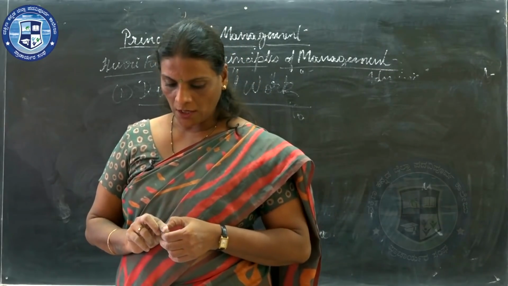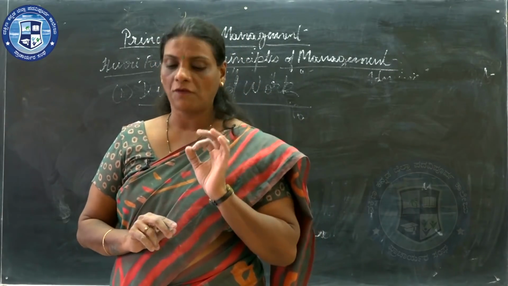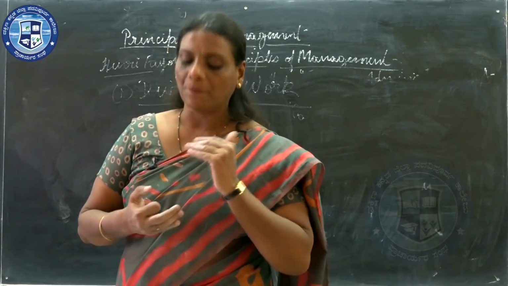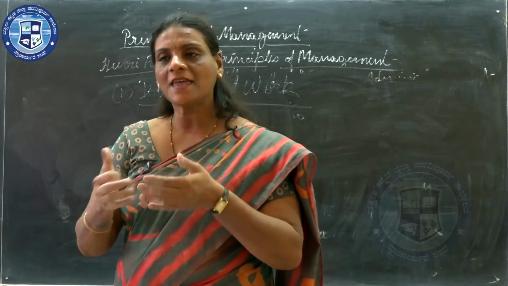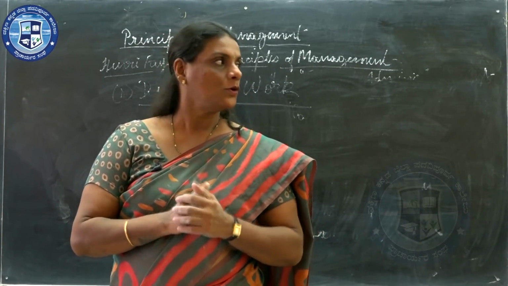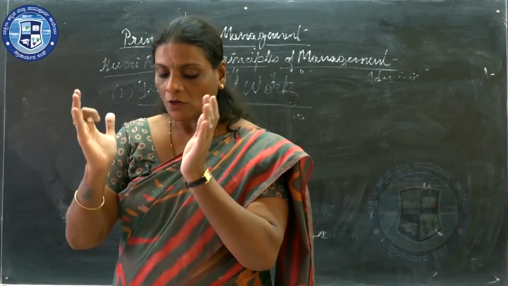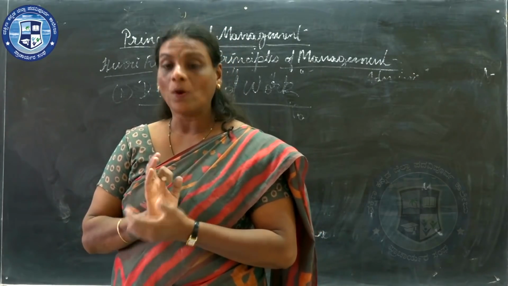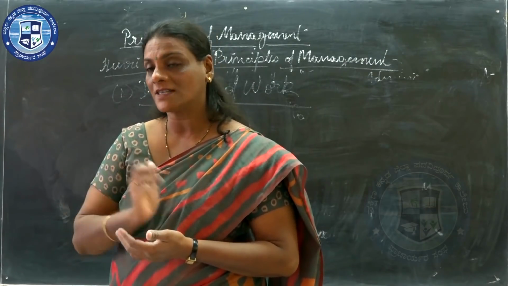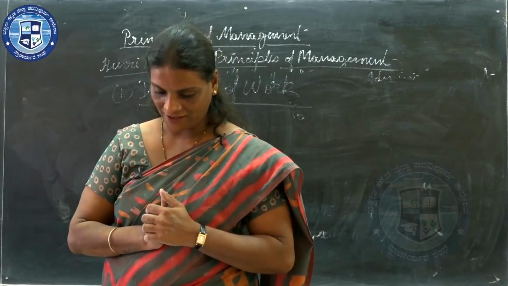According to Fayol, the intention of having division of work is to produce more and get better work for the same effort. A simple principle, what you do? You divide it. The intention is what? To have division of work. Why? So that you produce more and better work is got for the same effort.